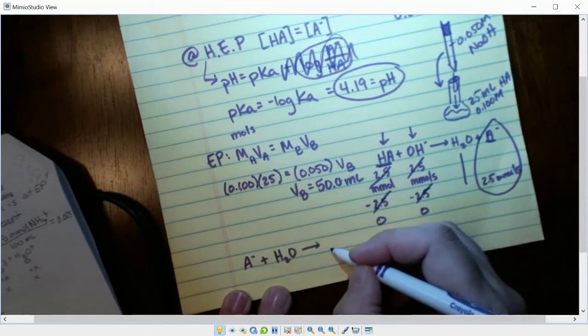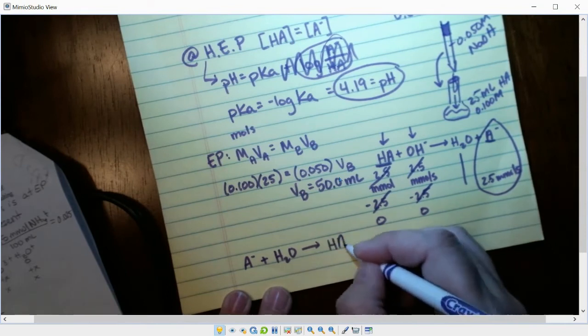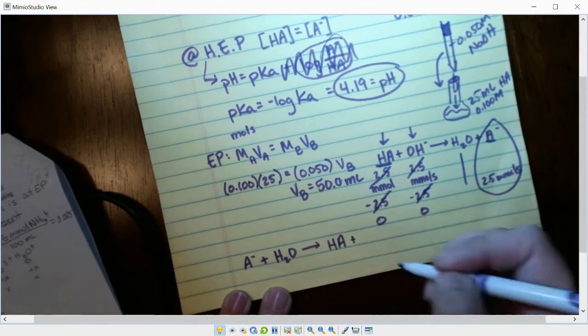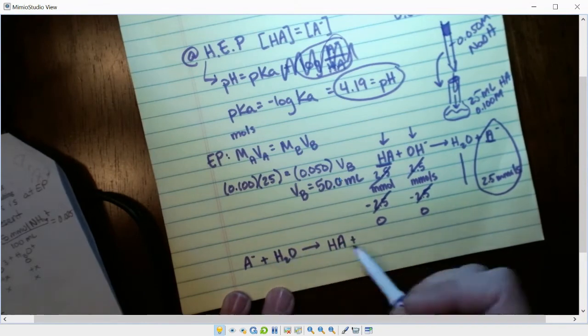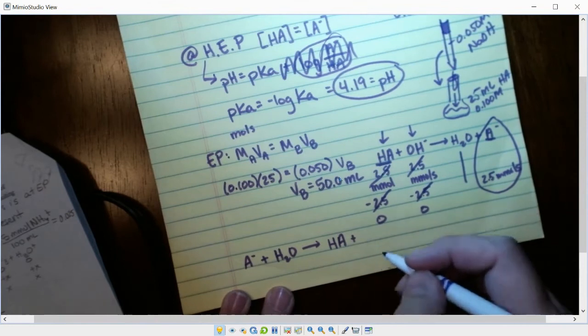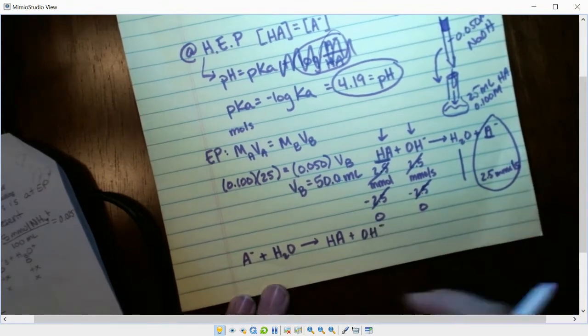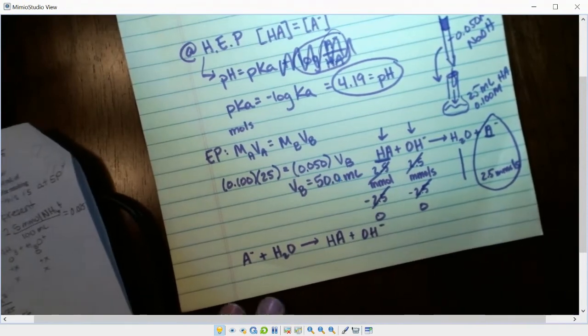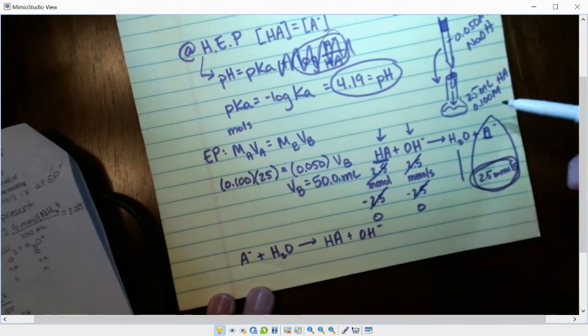And the A minus has the ability to accept some hydrogen to make HA. Now remember, it's not going to do that very well because it's a weak acid-base situation. And then we get some hydroxide. And so this is where now we do our second RICE table, because this amount is the amount that we have in the beaker at this point in time.